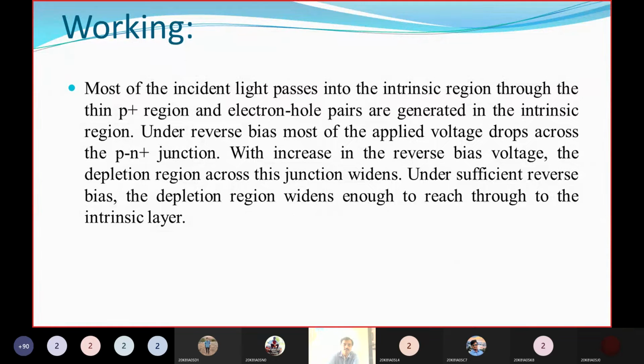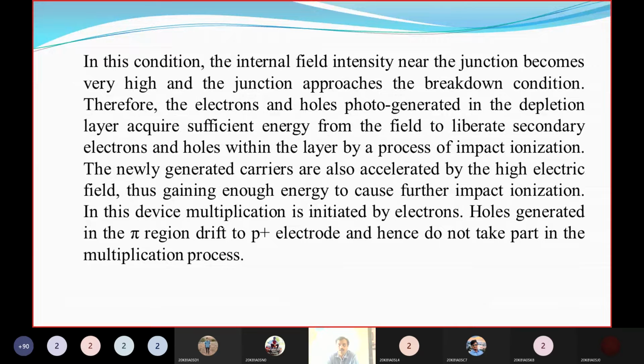Now in this condition, the internal field intensity near the junction becomes very high. Because of reverse bias, the intensity of the internal electric field increases, becomes very high, and the junction approaches the breakdown condition.